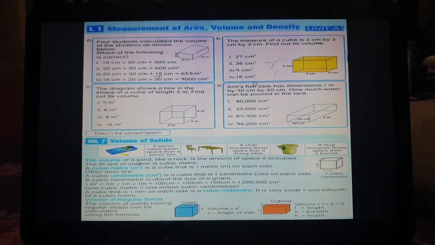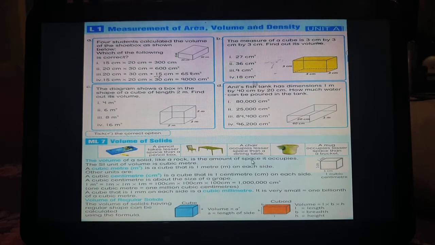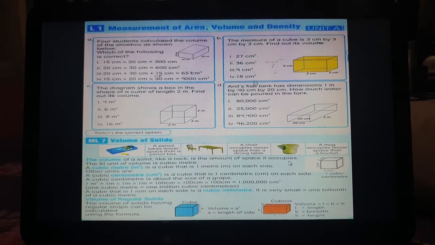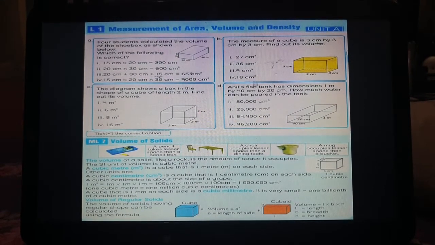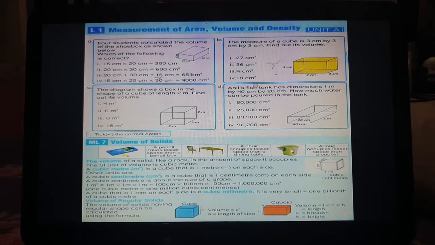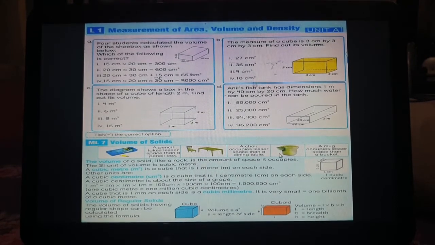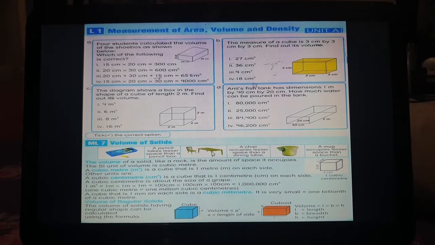So, the volume of a solid like a rock is the amount of space it occupies. Now, when we take these three examples, you can see that a pencil box is very small, next comes the bucket, and at last comes the dining table.